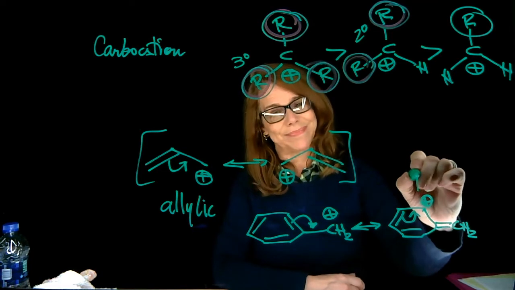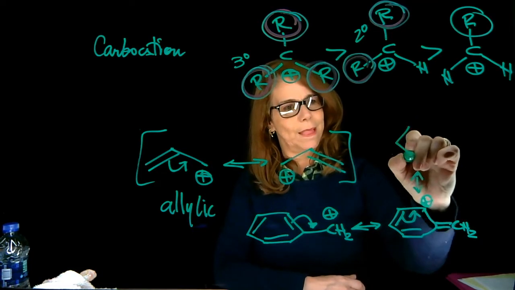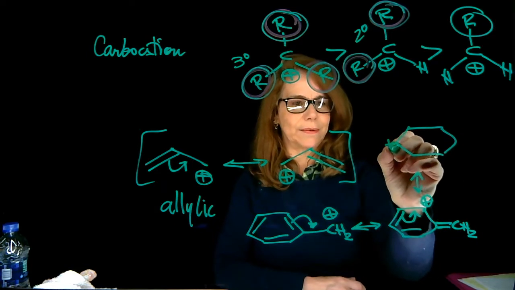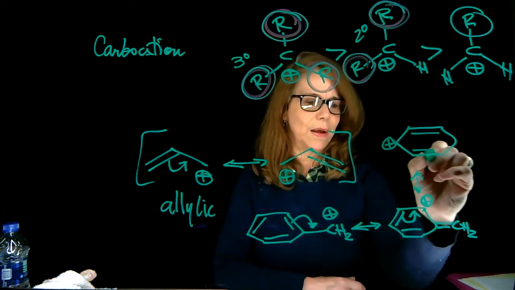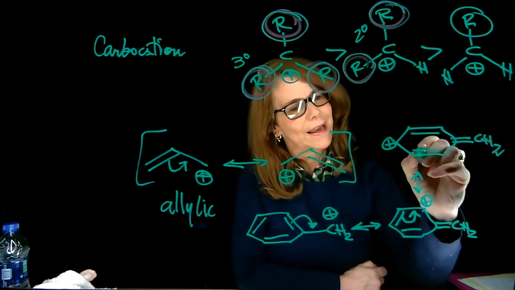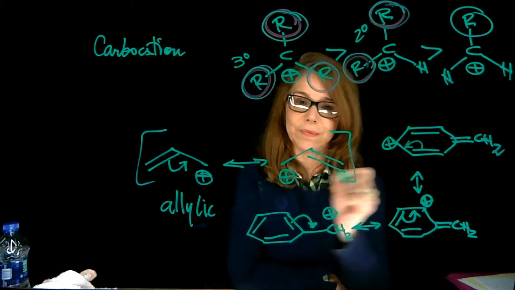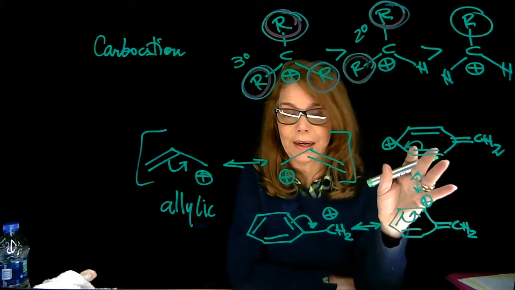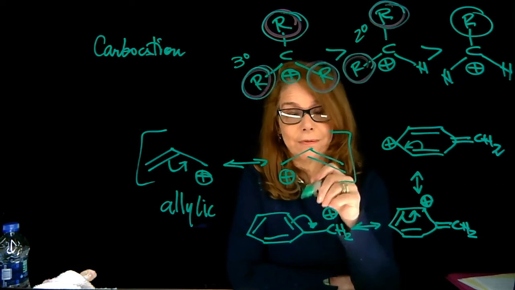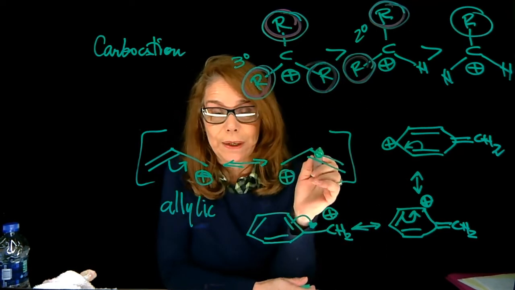So I'm going to move up, and in doing that movement, I am putting a positive charge here. And now I have another resonance structure, and yet I'm going to have another. So the benzylic carbocation is stabilized by resonance, and it reacts faster than a normal primary.